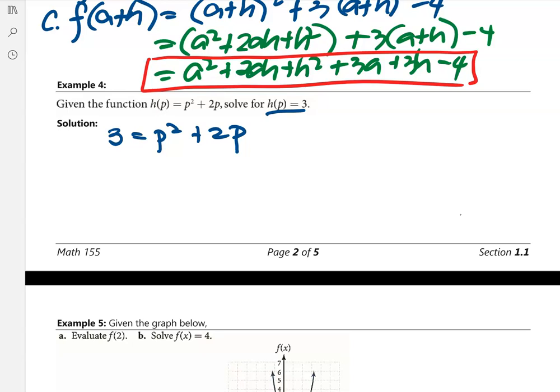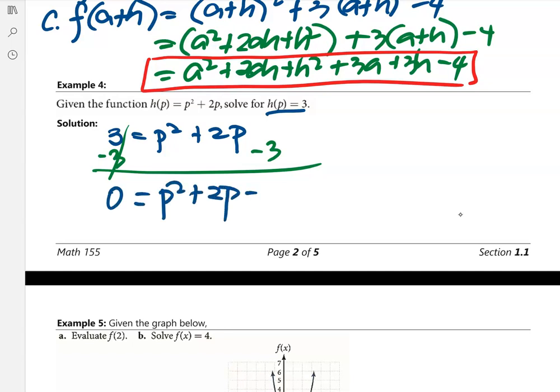So first, we subtract 3 from both sides, so that this is 0 equals p squared plus 2p minus 3. So we're going to solve for the input that makes the output equal 3. So that's what we want to do.